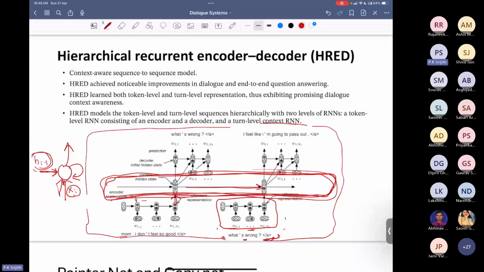The input to this RNN is nothing but some representation of the user message associated with some particular turn. In this particular turn, the user says something, and we have to generate some response.